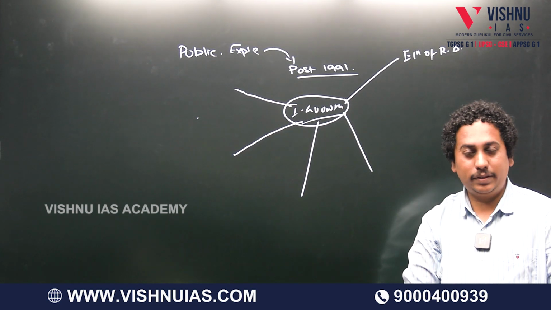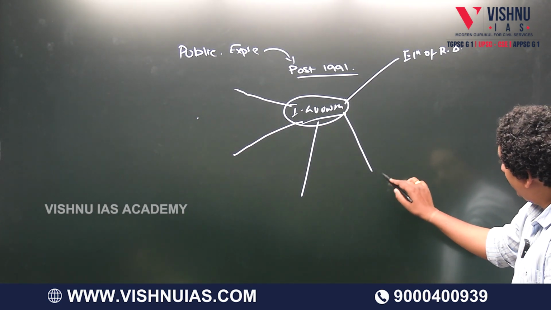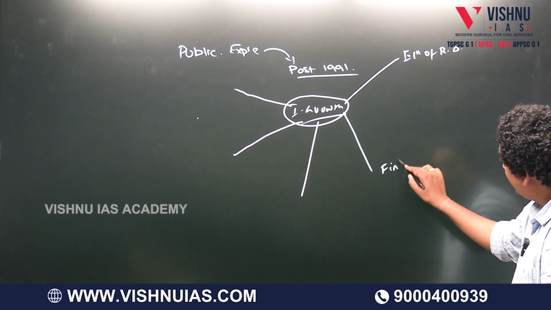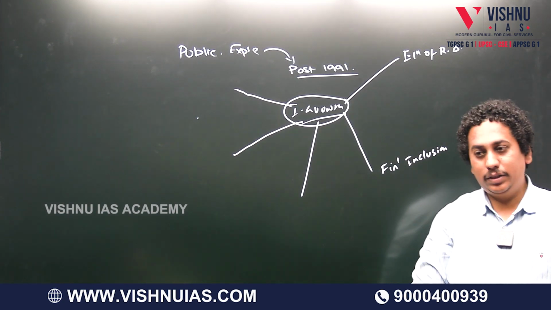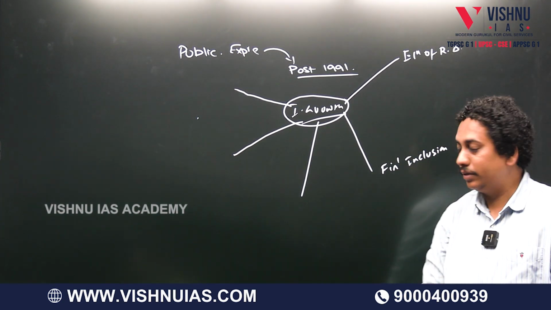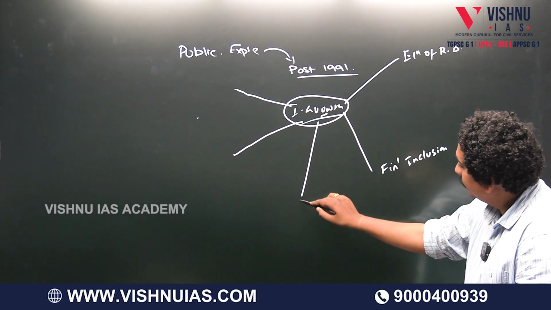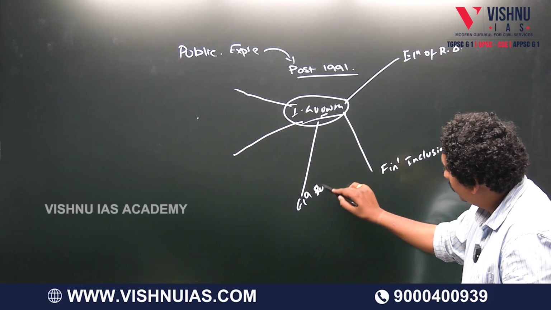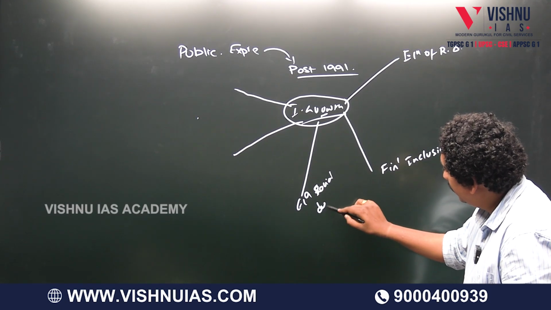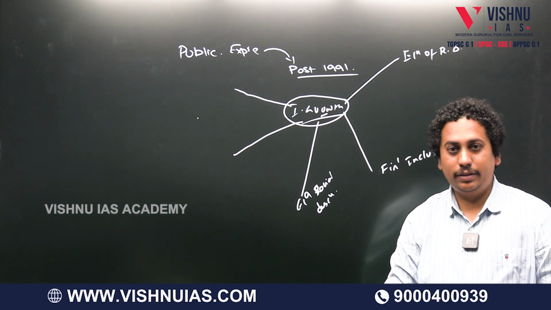This is one component. We can also achieve inclusive growth by ensuring financial inclusion. It is another component. Any other way? By eliminating social discriminations. This you could have mentioned.